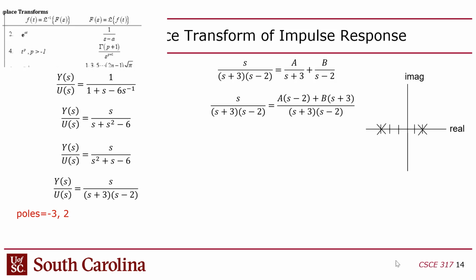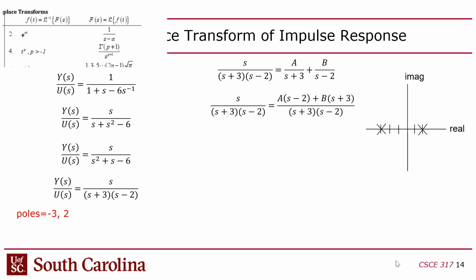The workaround is you take this and you rewrite it as A times S minus 2 plus B times S plus 3. In other words, what you're doing here is multiplying this thing by S minus 2 over S minus 2 and S plus 3 over S plus 3, right?